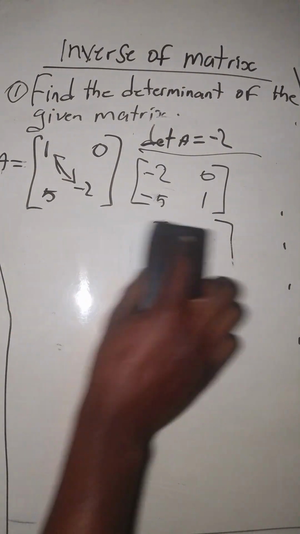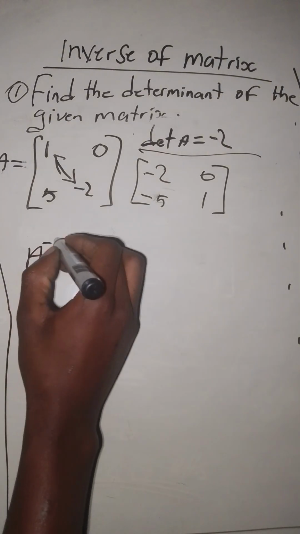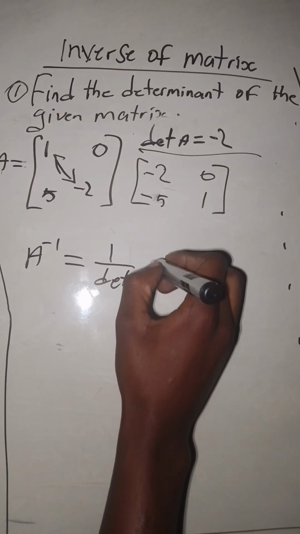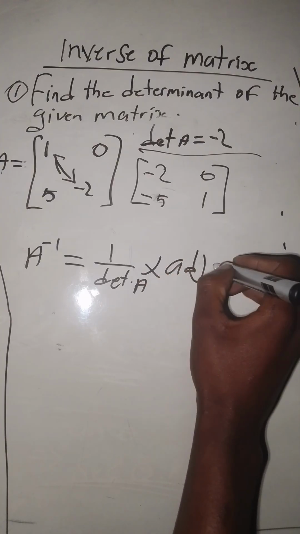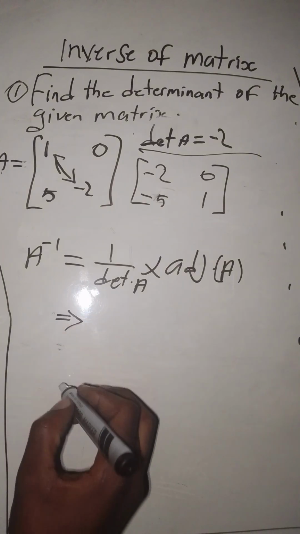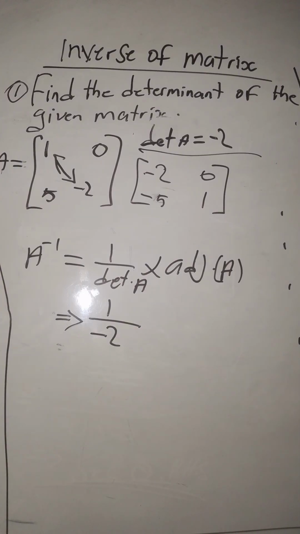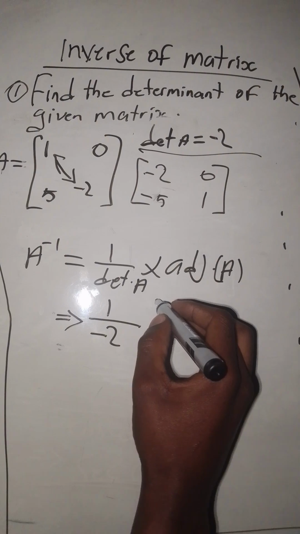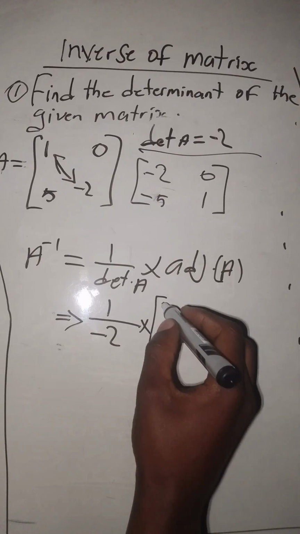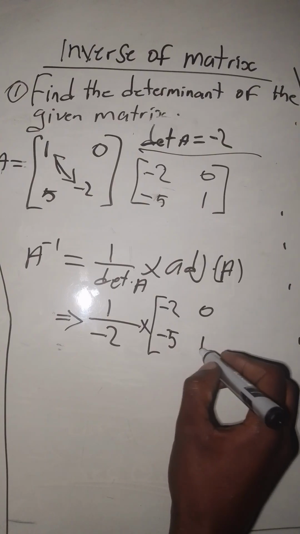Now, having the determinant and the adjoint, we are going to find the inverse of A, which is equal to 1 over the determinant of A times the adjoint of A. So the inverse is equal to 1 over the determinant, which is negative 2, times the adjoint, negative 2, 0, negative 5, 1.